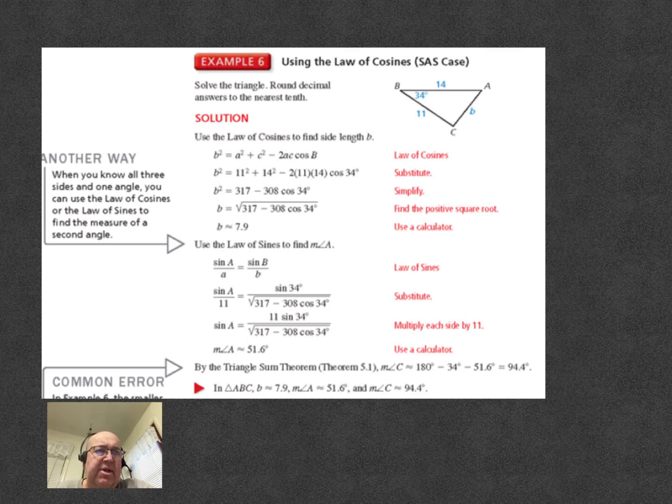So we're going to use this formula: B squared is equal to A squared plus C squared minus 2 times A times C times the cosine of the angle B. Putting that through and finding the square root, we get about 7.9. Then we'll use that to find the other two angles. You only have to find one angle and then use the triangle sum theorem to find the third angle.